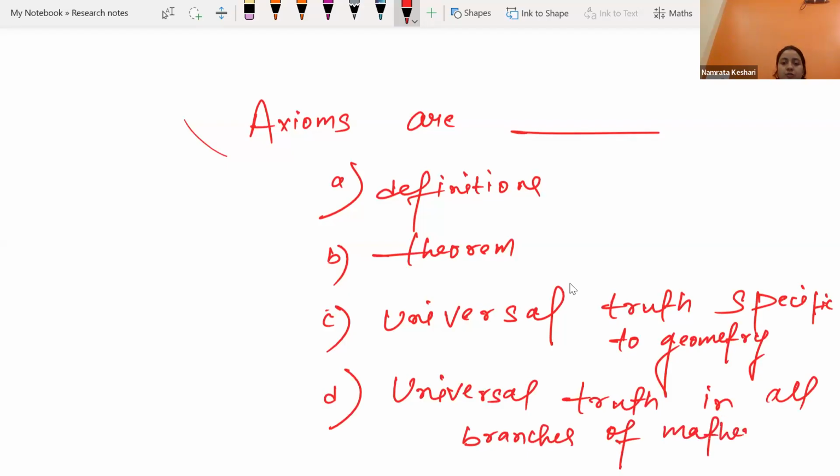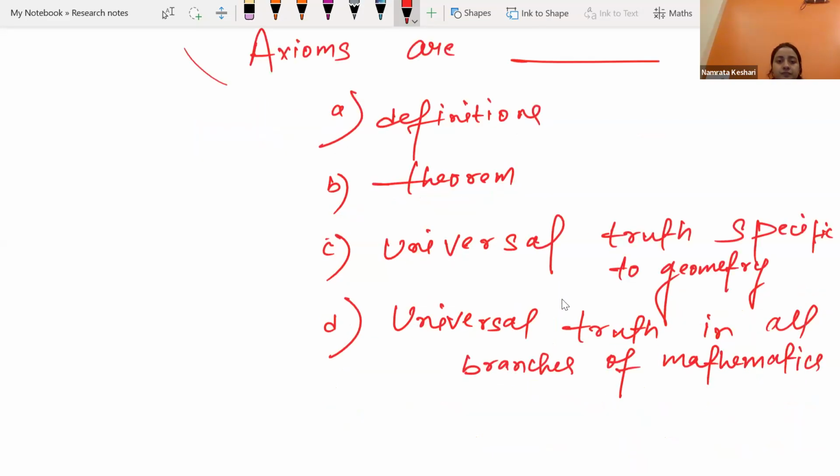Yes, which option is the correct option? Universal truth. C or D? Is it D? Rest of the students, is it D?